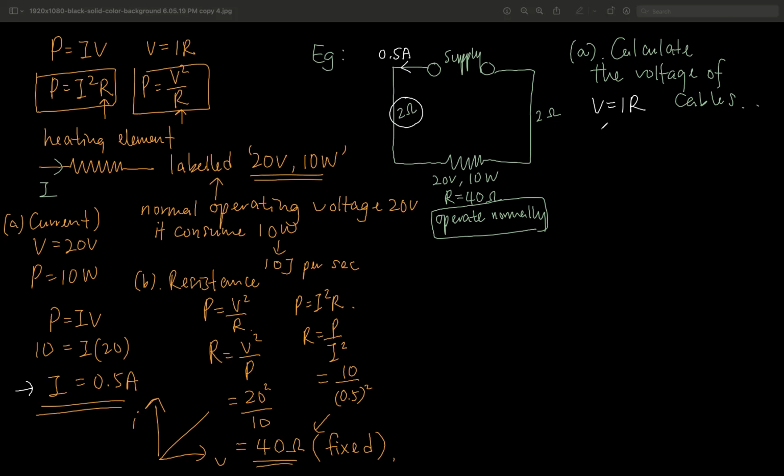V equals 0.5 times 2. I'll just do it in total because we have this cable here and this one here. So in total 2 volt, 1 volt each.